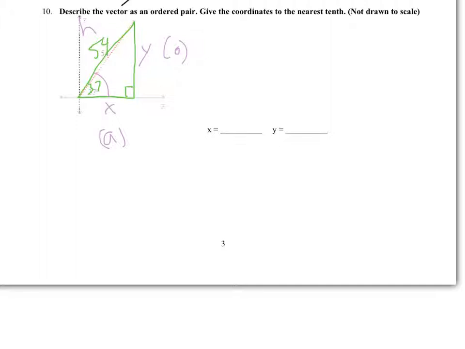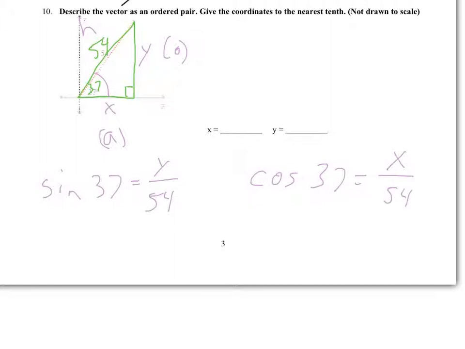So the sine of 37 is equal to the sine ratio of opposite, which is y, over hypotenuse, which is 54. And then to solve for x, cosine ratio, because it's adjacent, the cosine of 37 degrees is equal to my adjacent x over hypotenuse 54.